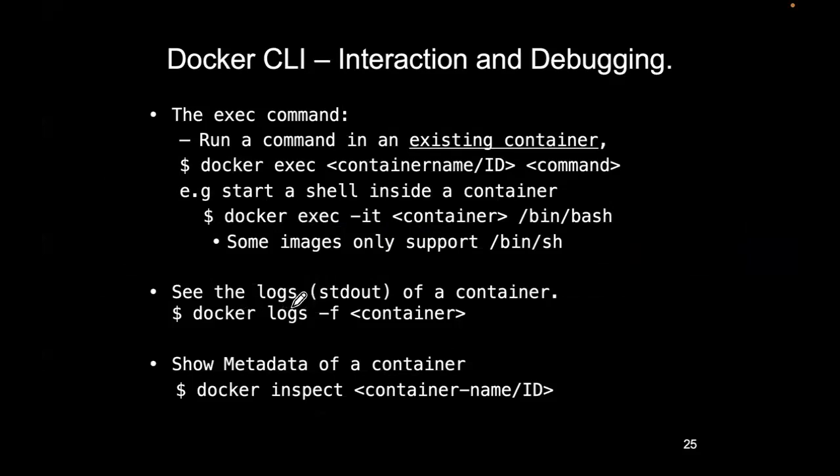And so the Docker logs command will show them to you. Docker inspect can be very useful as well. You can inspect lots of different things in Docker, one of which is containers, and that may be useful during debugging.